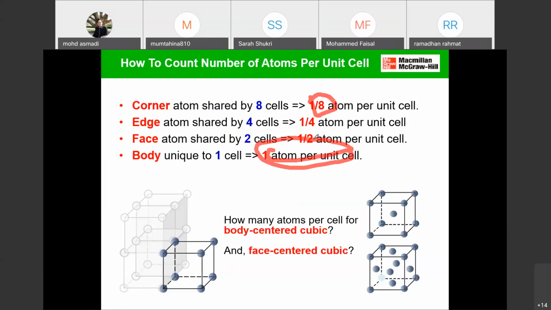You have to remember that: for the body, because it's at the center, it's 1, and on the face it's a half. We're going to see how many atoms per unit cell for body centered cubic and face centered cubic.